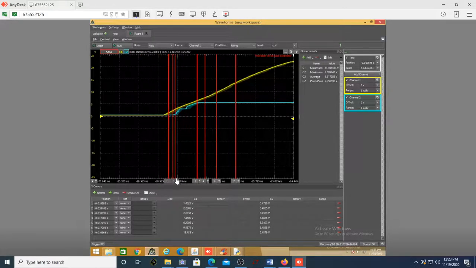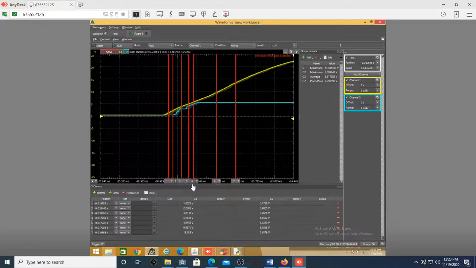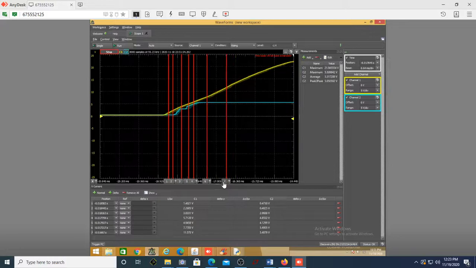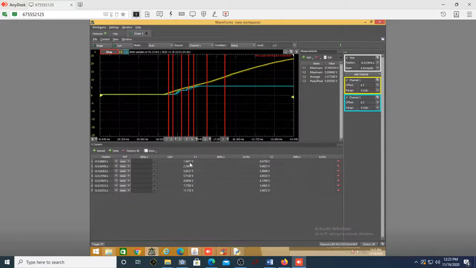What I'll do is place cursors at different positions and measure the output voltage. Now have a look at this particular point. C1 is input, C2 is output. C1 is 1.4, C2 is 0.4. C1 is 2.2, it is 0.48. Can you see it is 3.8, it is 2.9. It is 5.7, it is 4.8.